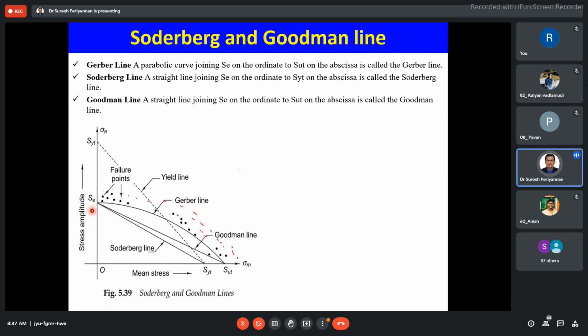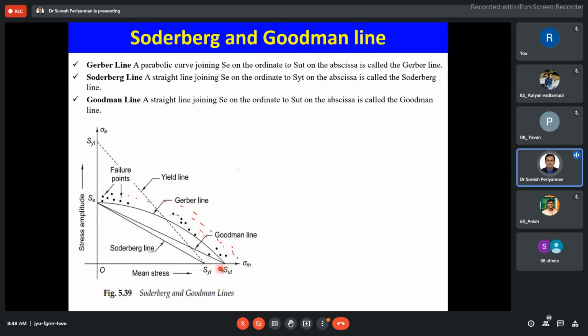First we start with the Soderberg line. For Soderberg, we consider the endurance limit on the y-axis, and on the x-axis the maximum limit of the mean stress is the yield point stress. Considering these two stress components, he found a linear variation. Goodman considered the endurance limit Se on the y-axis and, for the mean stress, the ultimate strength.